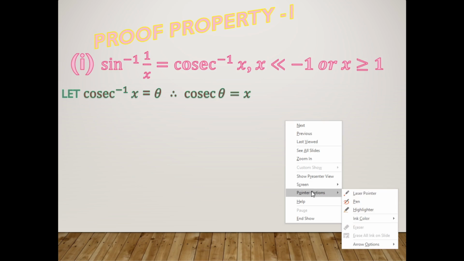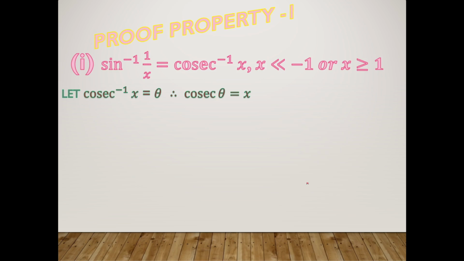Okay, and one thing you must keep in mind here, that for all these values of x, that is x less equal to minus 1 or greater equal to 1, this theta must be in the principal range of cosec inverse x. So we all know what the principal range of cosec inverse x is, that is minus pi by 2 to pi by 2 except 0.